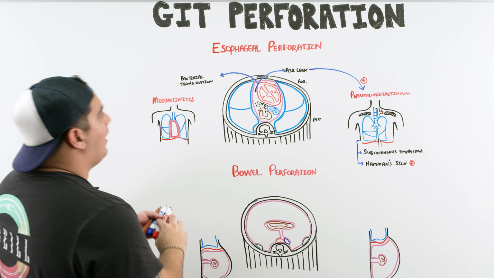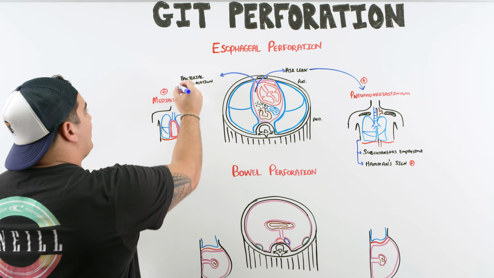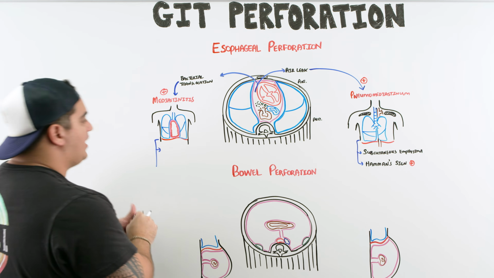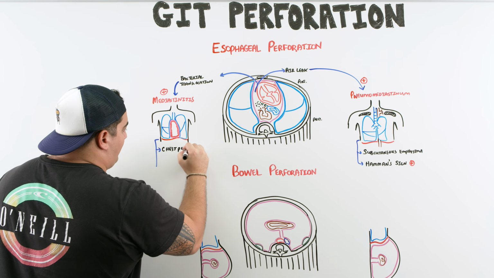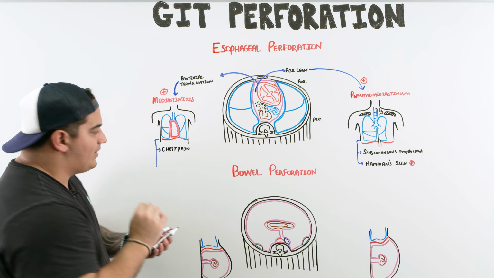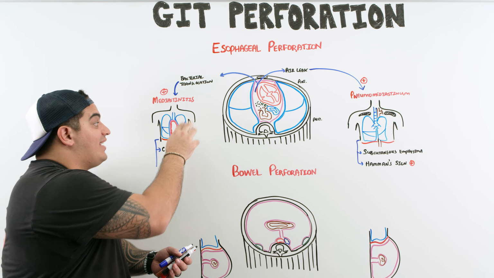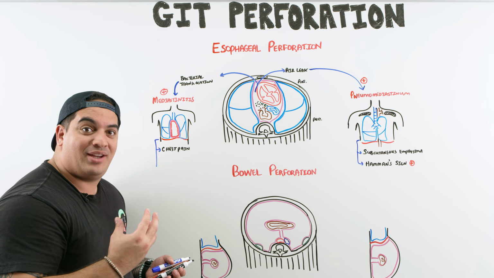And it's not far out to think how this will generally present. I already told you that these patients will classically present with chest pain, all right? But here's the thing, the chest pain is often accompanied with systemic symptoms that suggest inflammation. And what are those things that suggest inflammation?